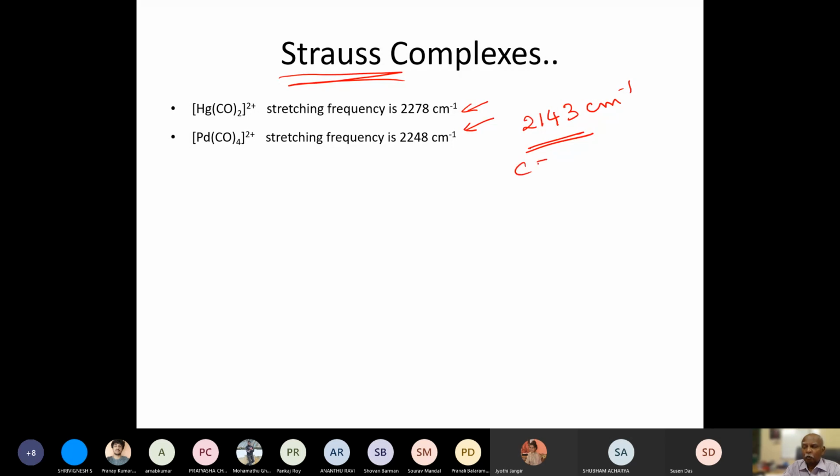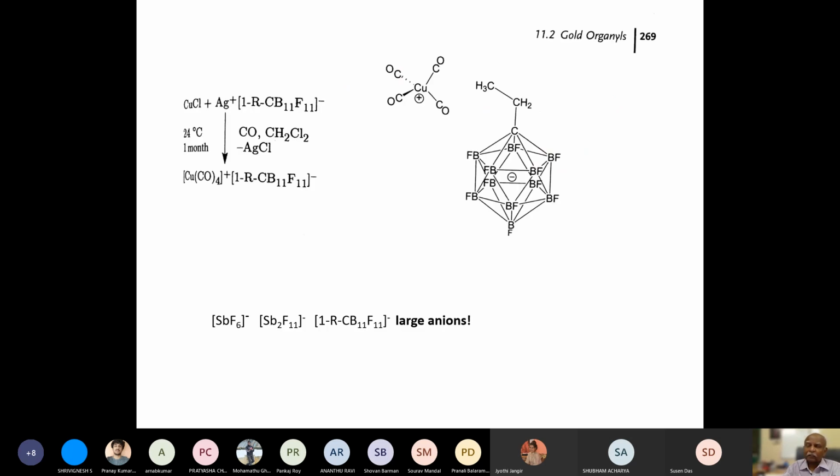That means the CO bond order is greater than what is there in carbon monoxide. If there is no pi bonding in these complexes, then I should not get an increase in the stretching frequency, since pi bonding only populates the pi star orbitals. When I have a positive charge, the pi star orbital will not be populated. That's fine, but then why is the stretching frequency going up? That's something that we need to worry about.